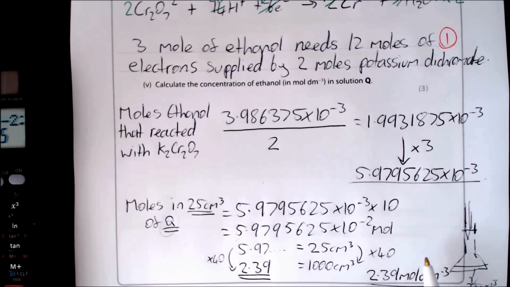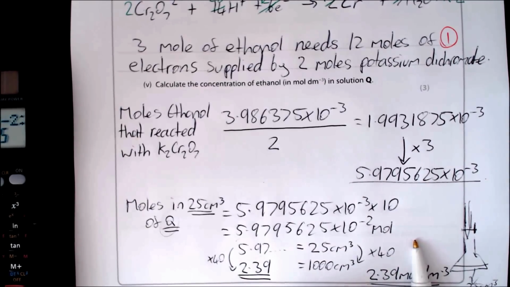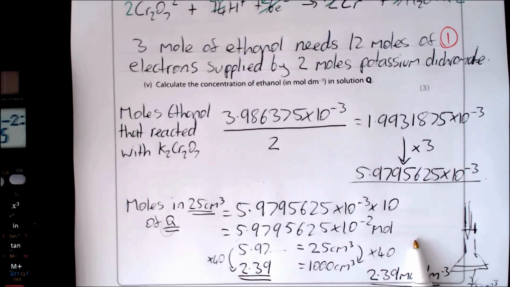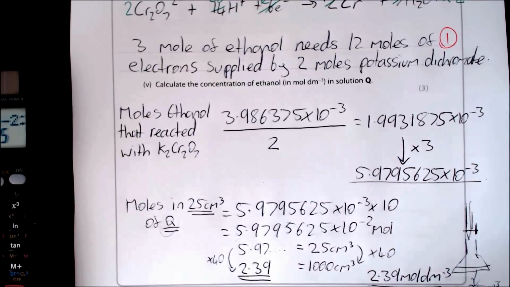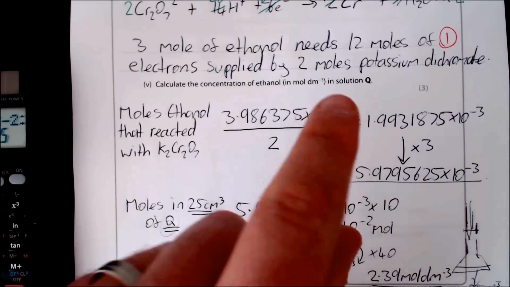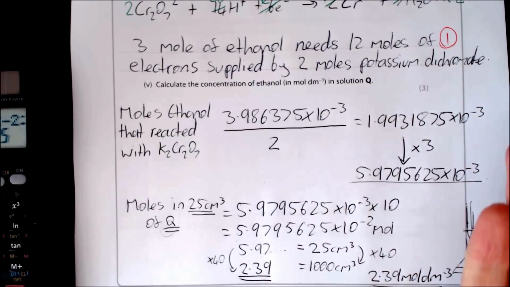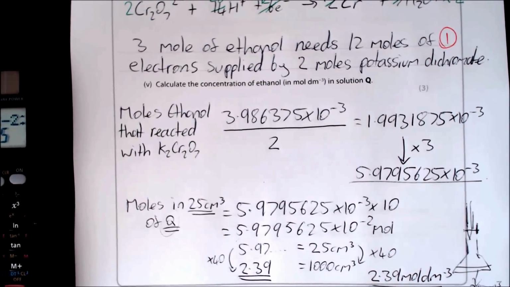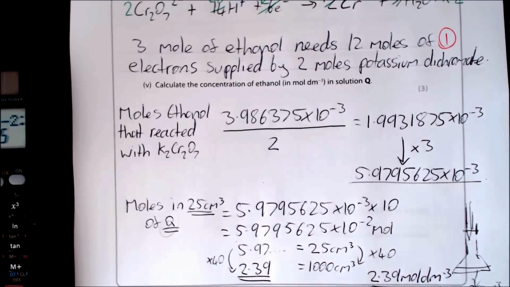Because remember, we took a really concentrated solution. It's like taking orange squash. Imagine you take the orange squash and you put it into a jug. That's like your big solution, your 250 centimeter cubed flask. We put the orange squash into the jug, and we then add water to dilute it down.